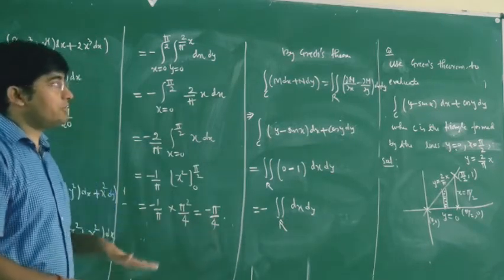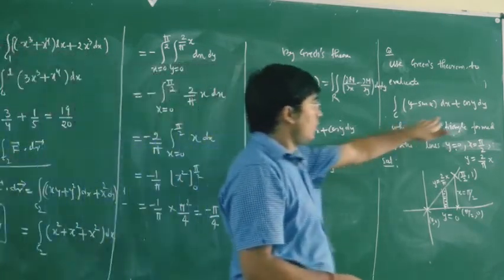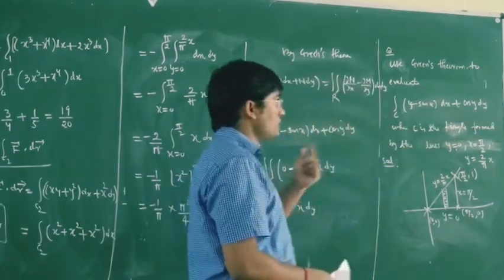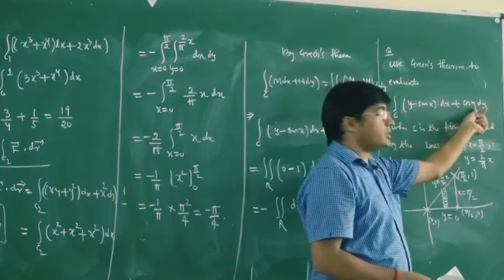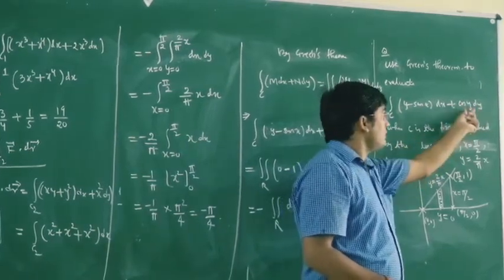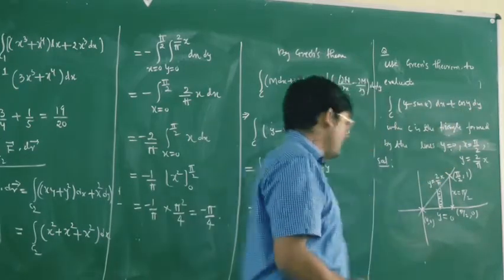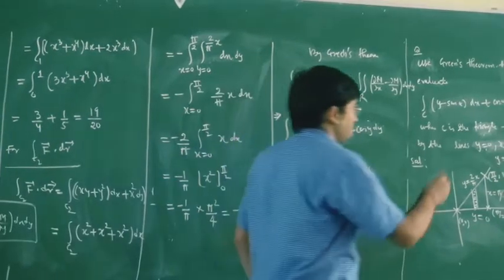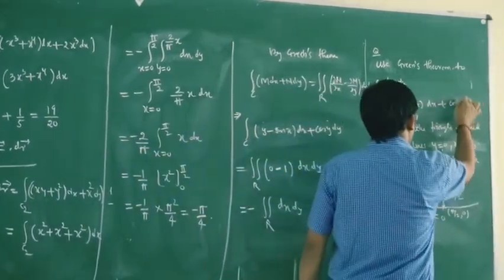Now assume that we have cos x here. It can be cos x or cos y. If we have cos y, then your answer is equal to minus pi by 4. Now suppose this is cos x.